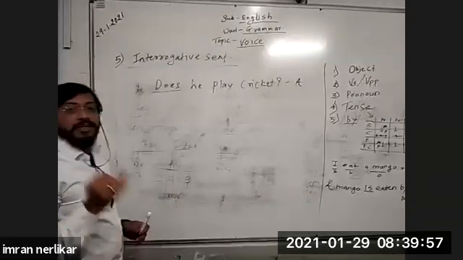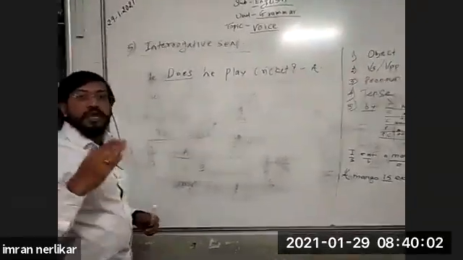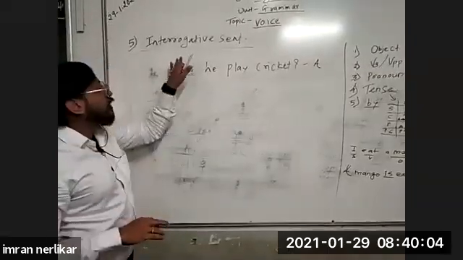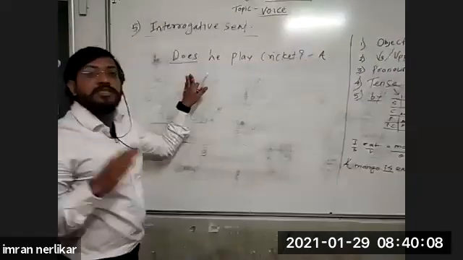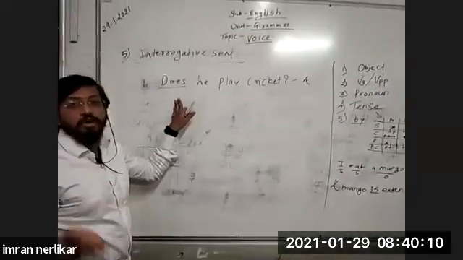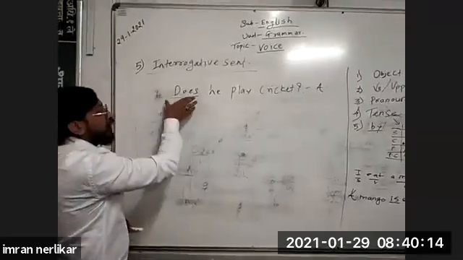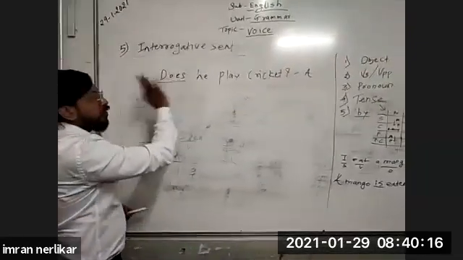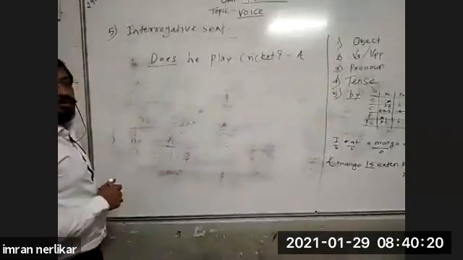May, will, is, all these are helping verbs. So the questions which begin with helping verbs are called verbal questions, yes no type questions, and the answer is in yes or no. So here does is also a helping verb. From 24 helping verbs, does is also a helping verb. Does he play cricket? This is the question which is given to you.